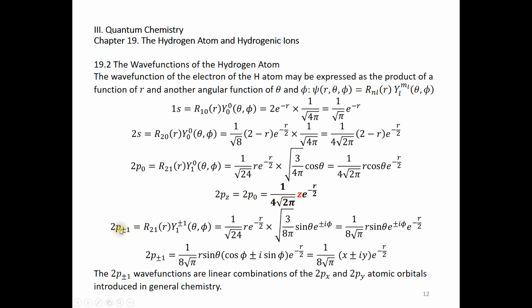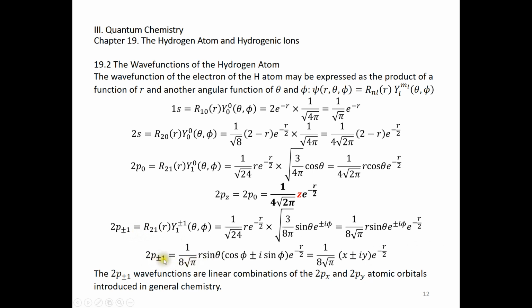Now 2p plus minus 1. So what does that mean? Plus minus 1 means m sub l is equal to plus minus 1 when l is 1. And these two orbitals are neither px or py. They are linear combinations of px and py orbitals.